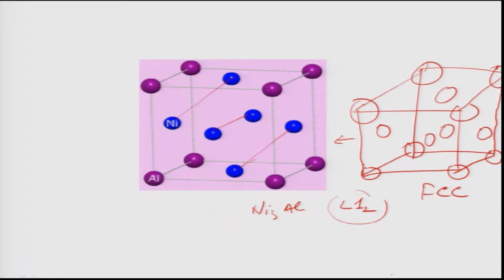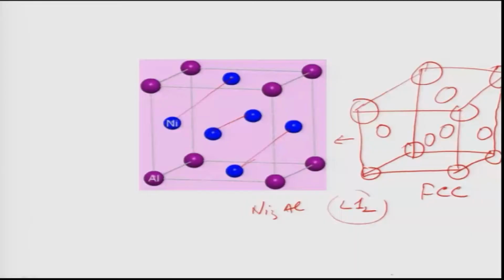That means all the sites which are to be occupied by nickel are occupied by them only. There is no exchange of occupations of nickel from their original sites to other sites, and vice versa, all the sites which are to be occupied by the aluminum are occupied by it.